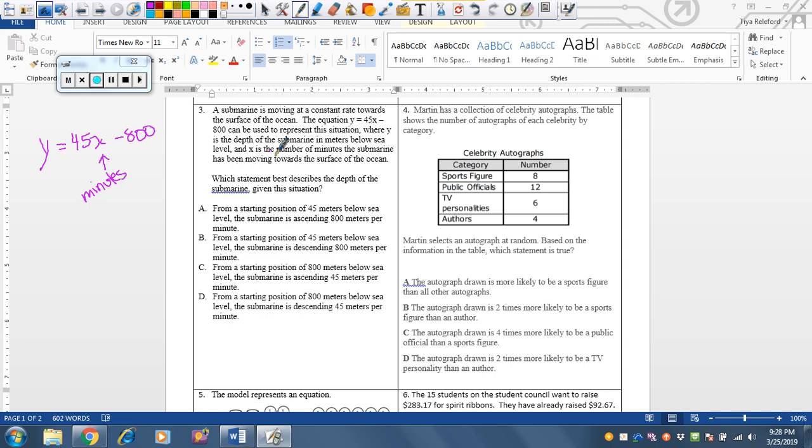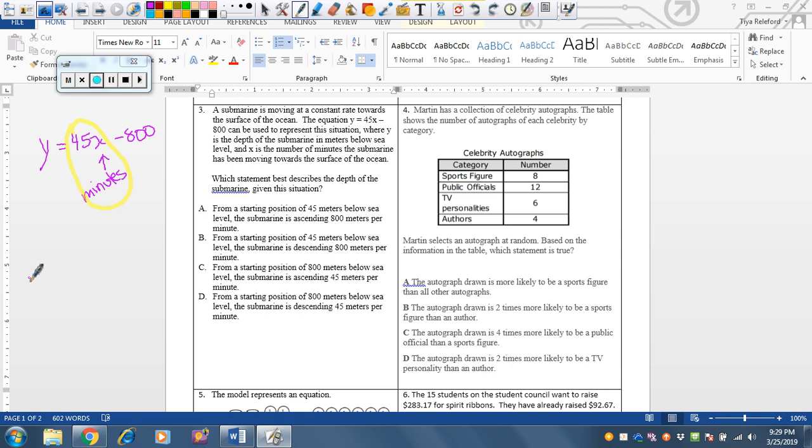The submarine has been moving towards the surface of the ocean. Okay, so the first thing I see is 45 is multiplied by minutes. So you need to go through and check every single answer choice for which number is being multiplied.